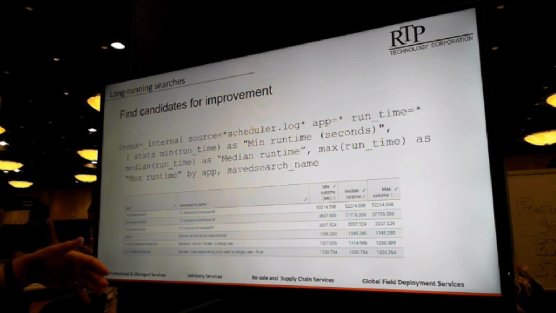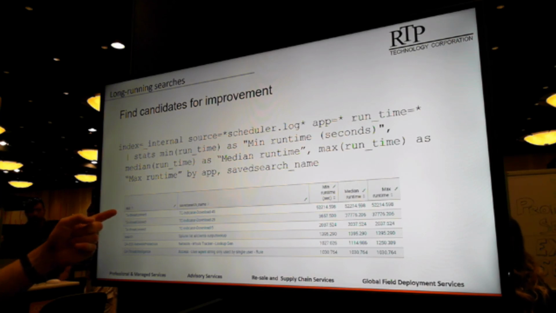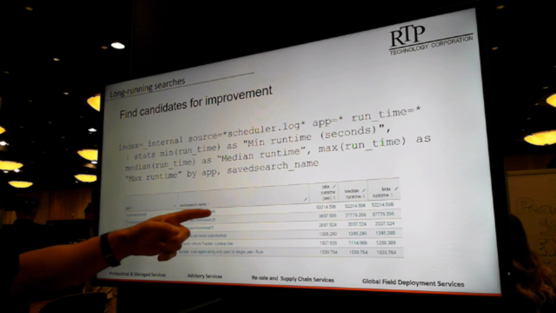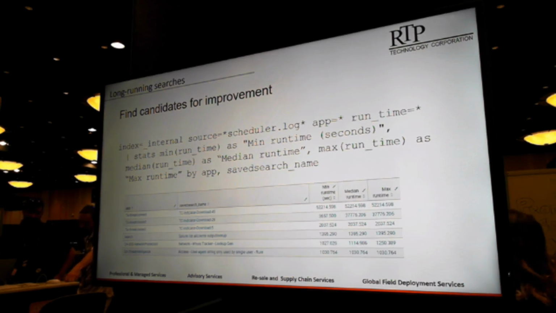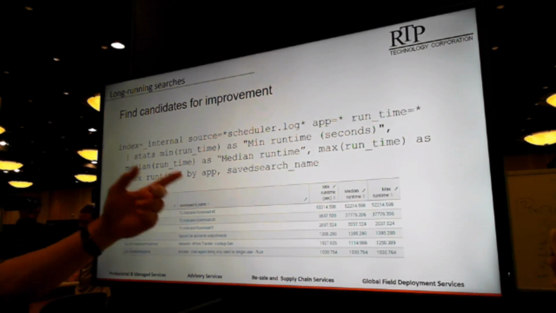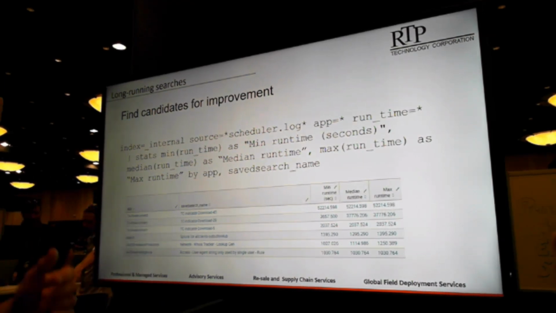In this case, we're just going to list them all from longest running to shortest, and we can see one of our Threat Connect apps is running a search that is taking 52,000 seconds, which is a pretty long time. Something that almost a day, and you'd really want to probably look into that and find out why that search is taking a long time, because that means the CPU is tied up for a long time and other searches can't run because of it.